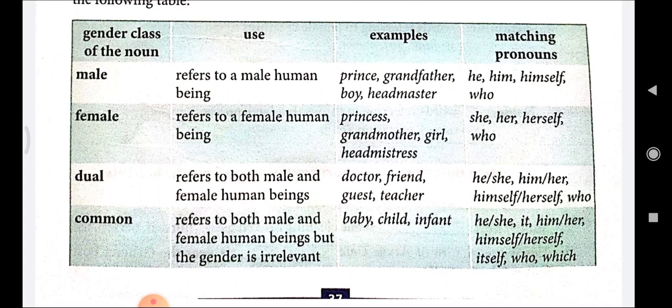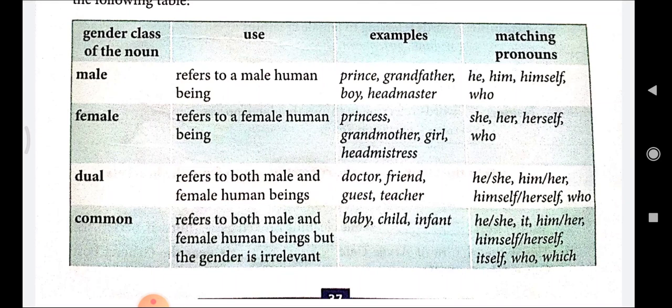Next comes common. Common refers to both male and female human beings, but gender is irrelevant. So where to use a common? When the gender in the sentence is irrelevant, we can use he or she, it, himself, herself, itself, who, and which. For example, baby, child, infant. The gender over here is irrelevant.